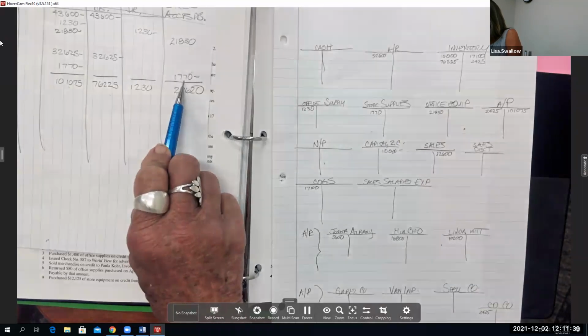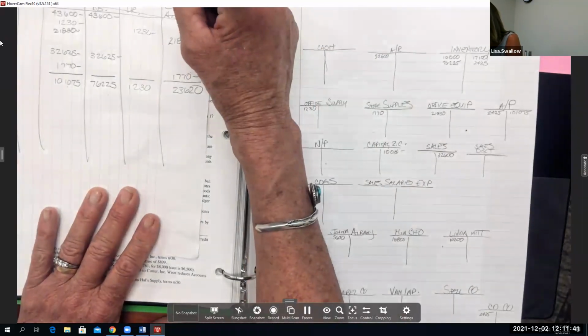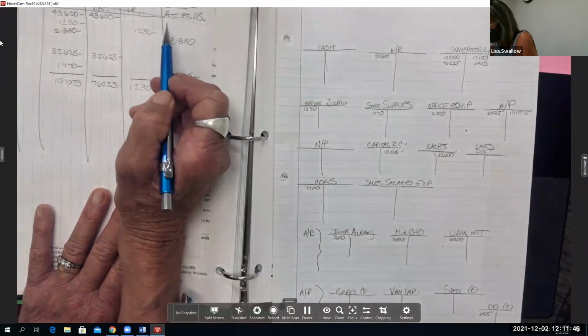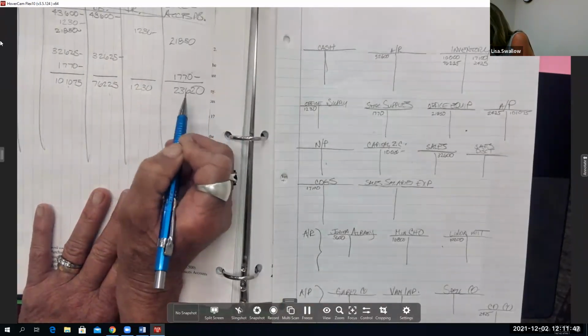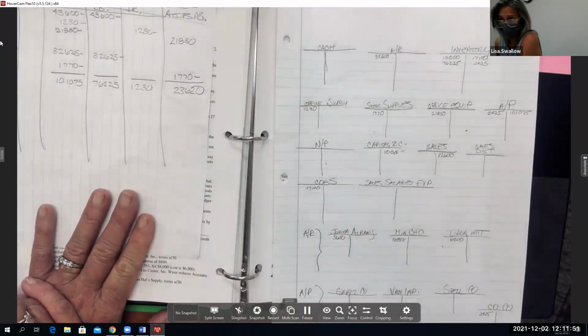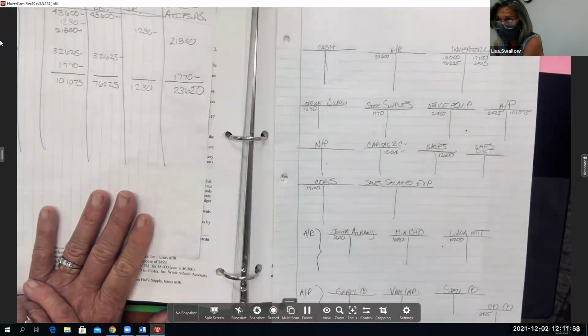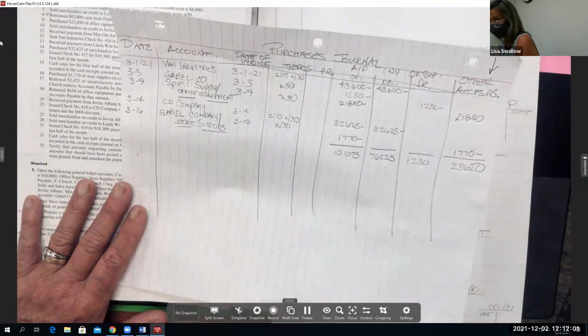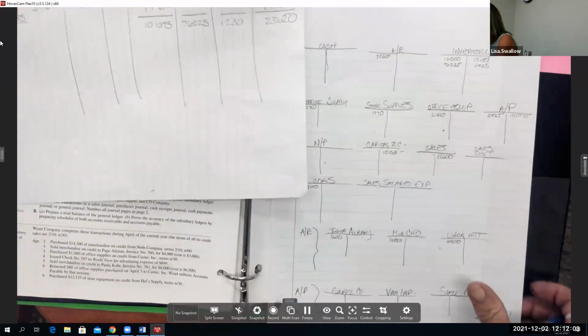So anything in this column, anytime you have something called other accounts, you can't just post the total. You've got to go figure out what the components are, right? Because they may or may not be the same. Okay, then don't forget, you've got to post to your subsidiaries. So go do that.